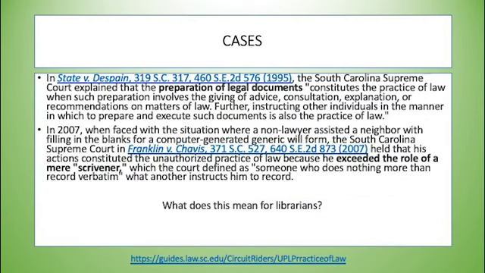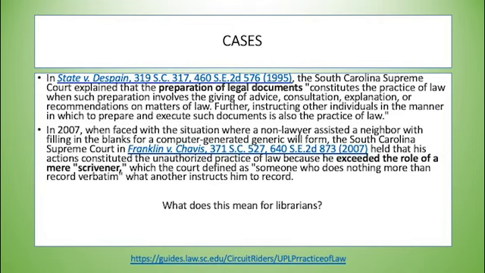The South Carolina Supreme Court explained that the preparation of legal documents is when the preparation involves giving advice, consultation, explanation, or recommendations on matters of law. Further, instructing other individuals in the manner in which to prepare and execute such documents is also the practice.